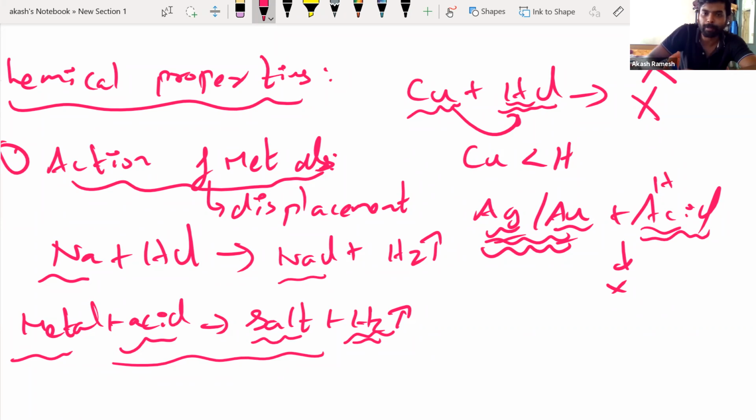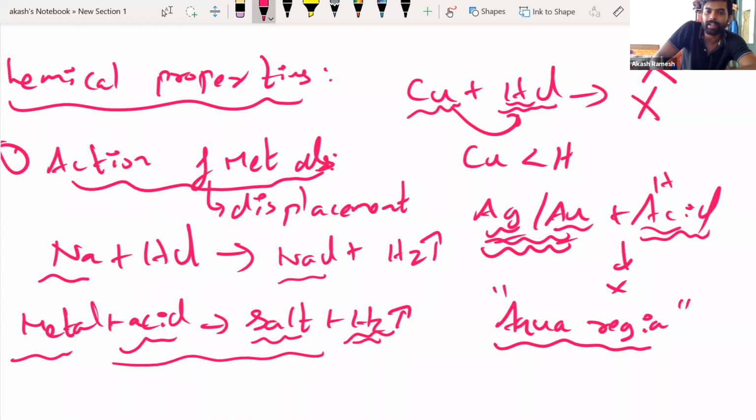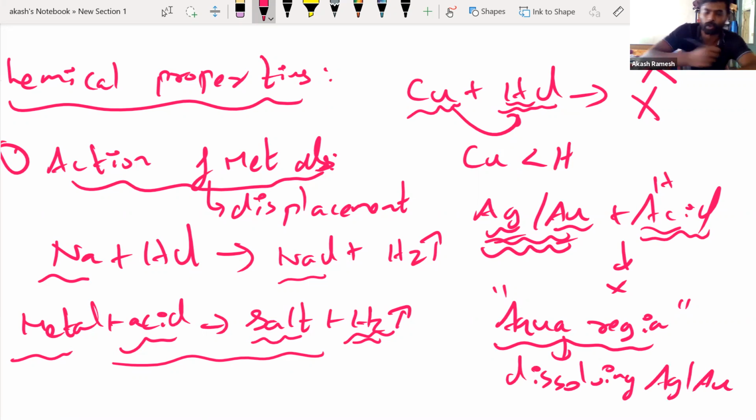They prepared a liquid called aqua regia. This aqua regia liquid is capable of dissolving your silver or gold.